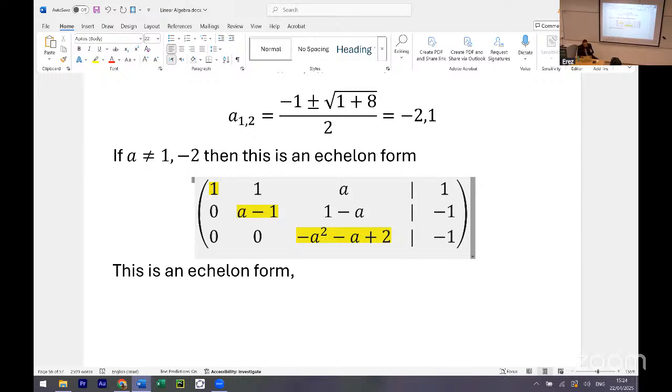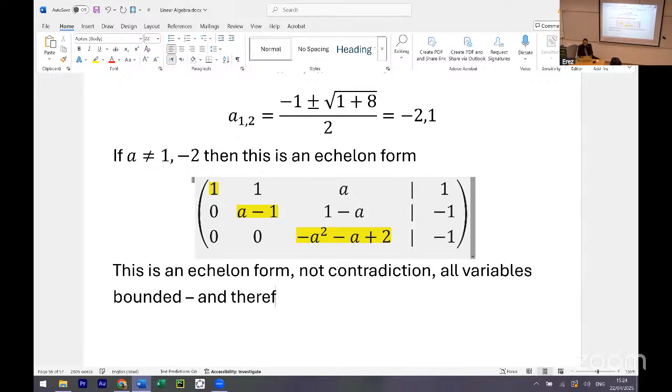This is an echelon form, no contradiction, all variables bounded. And what does that mean? How many solutions? A unique solution. Exactly. Okay.